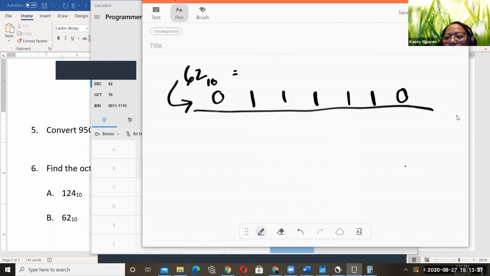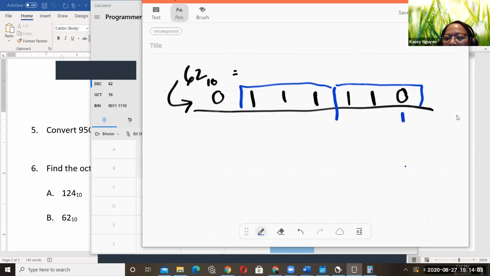Now in octal, it's only going to go up to 7 because there are only 3 bits in the octal system. So when you chunk it into 3 each time, you start from the right.